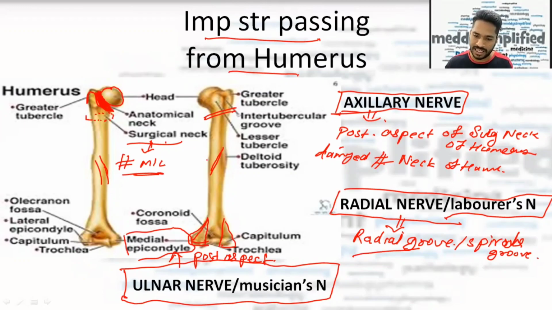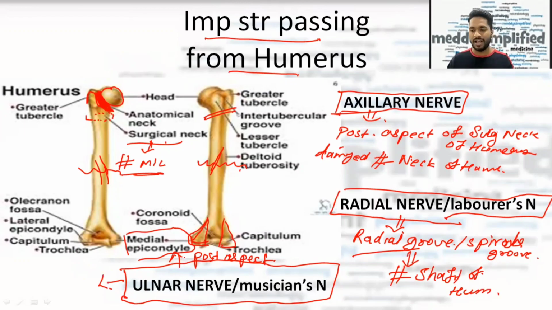So if there is a fracture at the shaft of humerus, then it will damage the radial nerve. And again, I told you just now that at the posterior aspect of the medial epicondyle passes the ulnar nerve. So if there is a fracture in which the medial epicondyle is damaged, right? Fracture medial epicondyle. If this is happening, it will lead to damage of ulnar nerve.